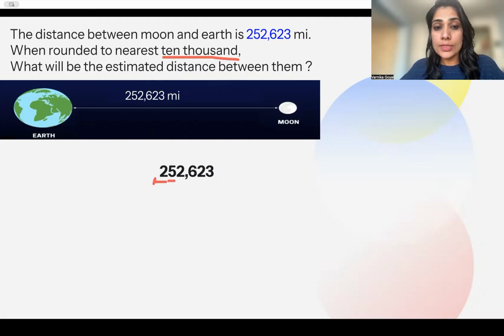The number on its left remains as it is, 2. For the digit 5, we look at its right best friend. Is it greater than or equal to 5? No. So we'll keep the digit as it is. And all the digits on its right become 0. So 250,000 miles.